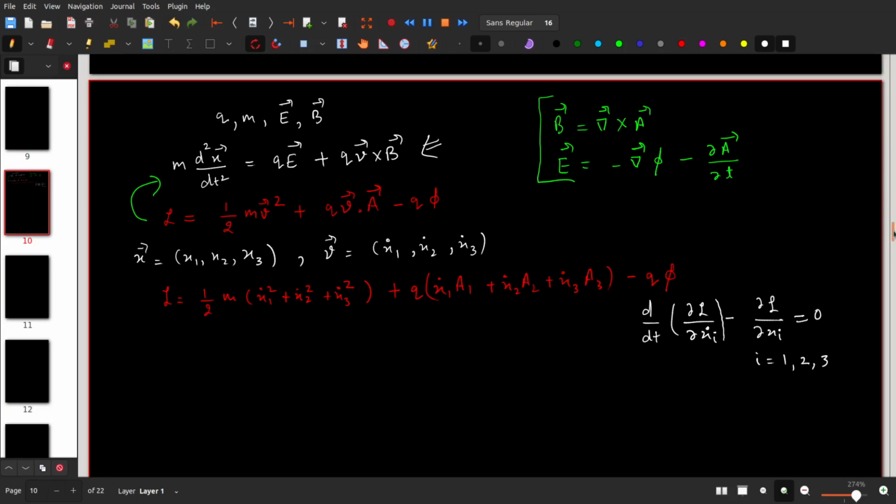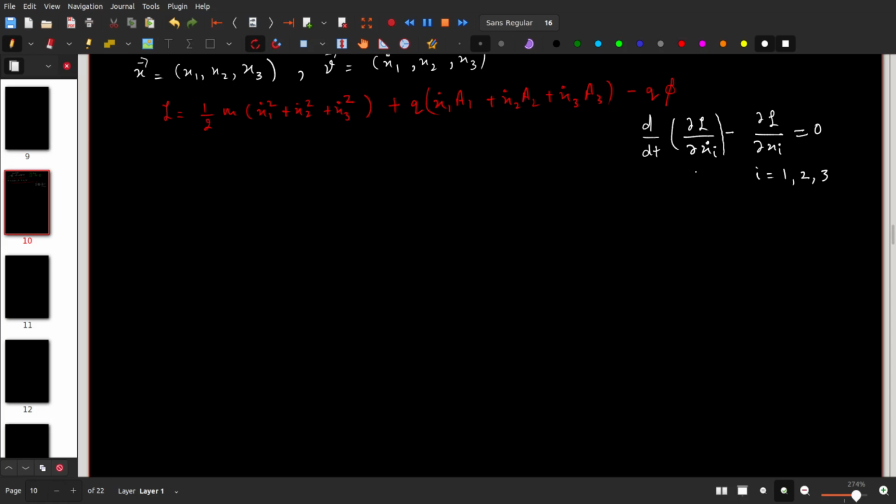For the x1 component, if we first calculate ∂L by ∂x1 dot, then we get m x1 dot plus q A1.